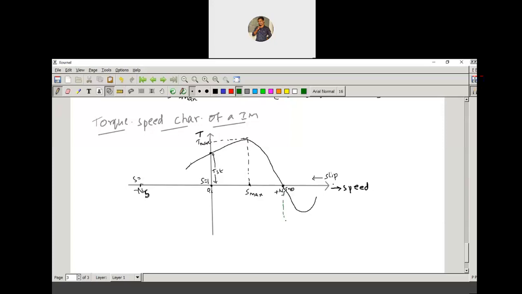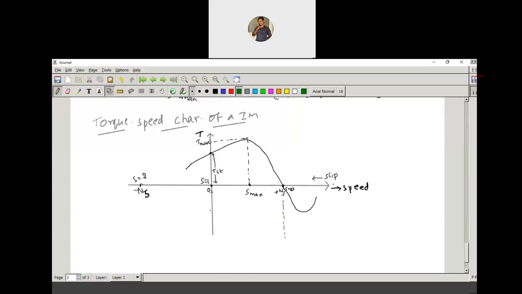At Nr equals minus Ns, S will be greater than 1. Okay, so what is the value of slip? Obviously S equals 2, right? Here slip is 2.